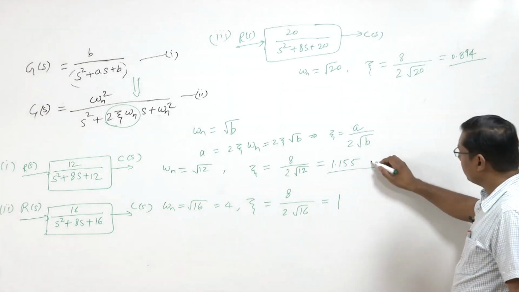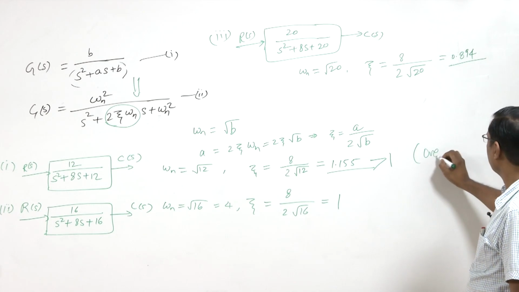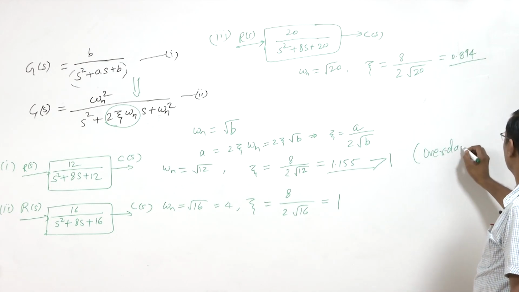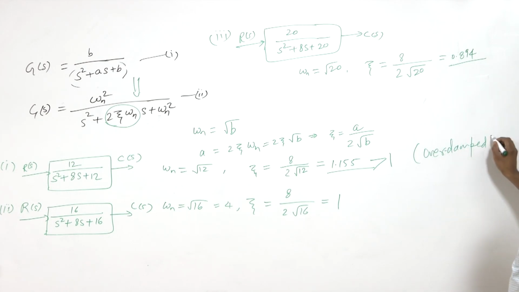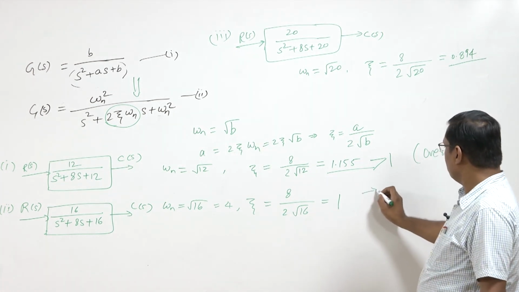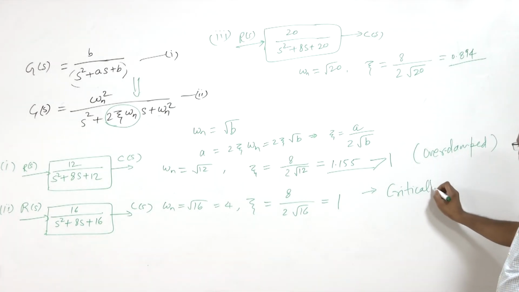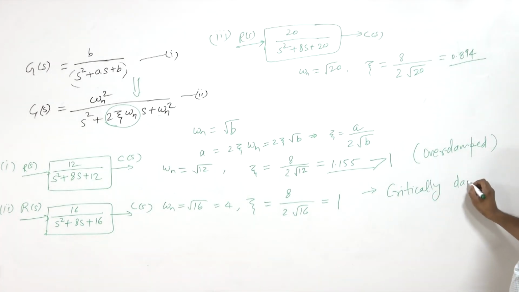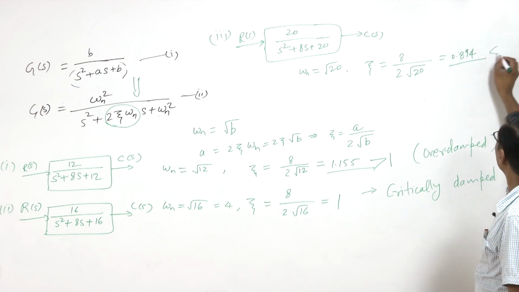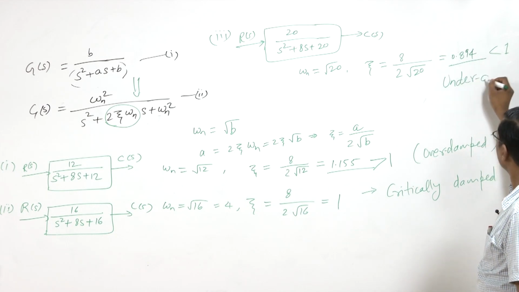So in the first case damping is greater than 1, so this is an overdamped system. Here damping equals 1, so this is a critically damped system. And here damping is less than 1, so this is an underdamped system.